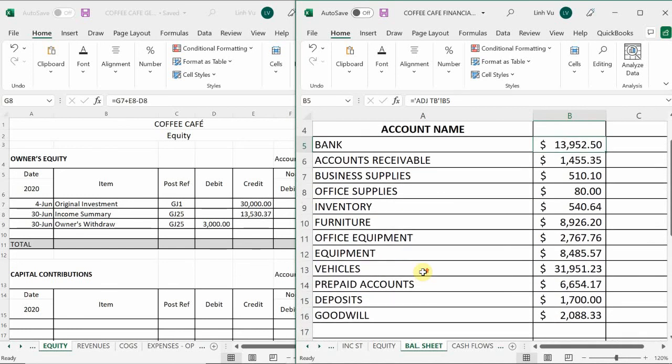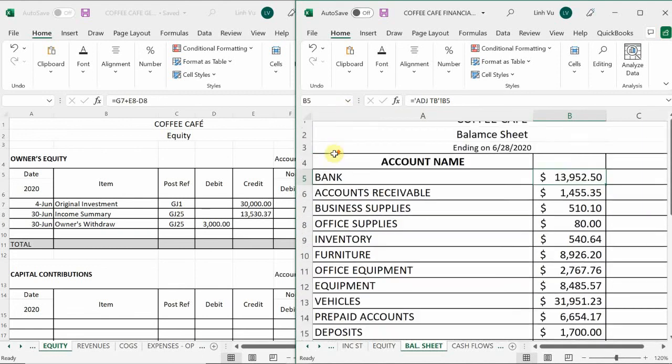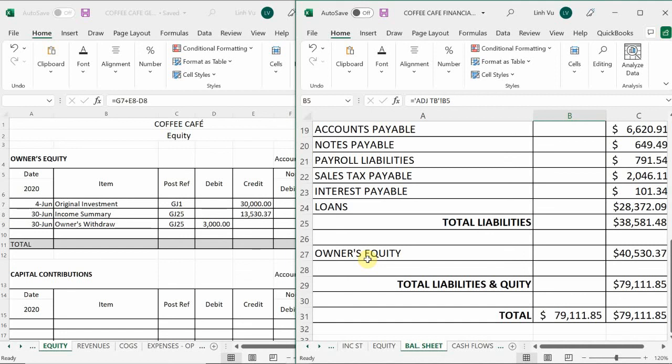Because here I'm going to list out all of my debits, all of my credits, which is going to be essentially all of your assets and all of your liabilities, because equity, right? We already got rid of all of our revenues and our expenses. We zeroed them all out. So at the end of the day, in this case, my post-closing trial balance is going to be more or less the same thing as my balance sheet.